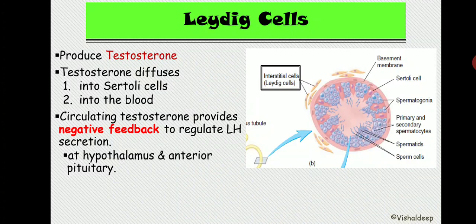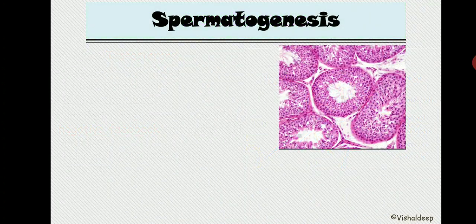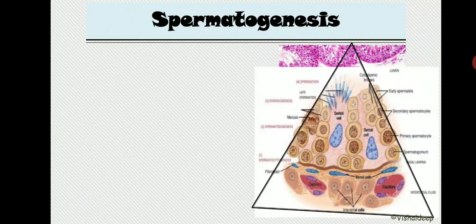Now let's understand spermatogenesis. As far as spermatogenesis is concerned, let's take a sample of that particular portion. If you take a cut section of one seminiferous tubular compartment and zoom it out, it will look like this. You can see this is the very big Sertoli cell.